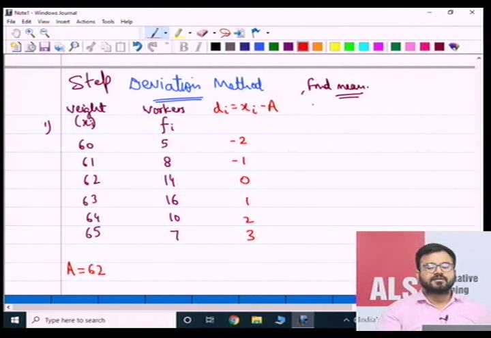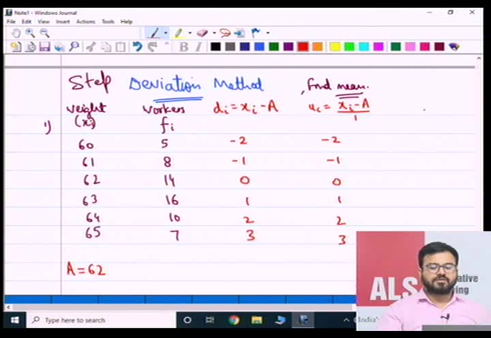So you can write Ui is equal to Xi minus A over 1. Again we get the same thing: minus 2, minus 1, 0, 1, 2, 3. So Fi into Ui we can do: minus 10, minus 8, 0, 16, 20 and 21.